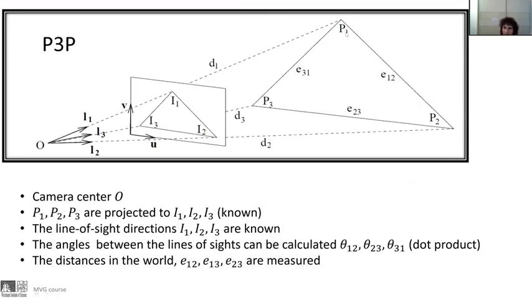Okay. We had before P1, P2, and P3 in terms of the 3D global coordinate system. That's what we had. This is the world coordinate. Now having D1, D2, and D3, if this is the origin of the camera, I can say that I have what we call P1 prime, P2 prime, P3 prime.